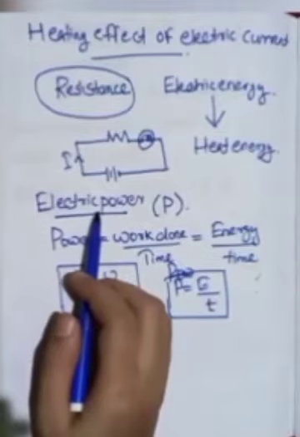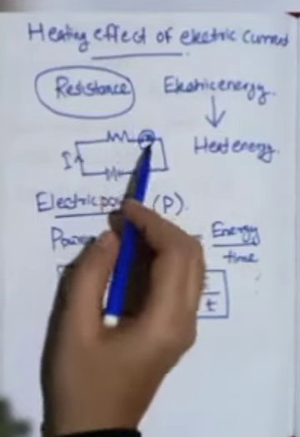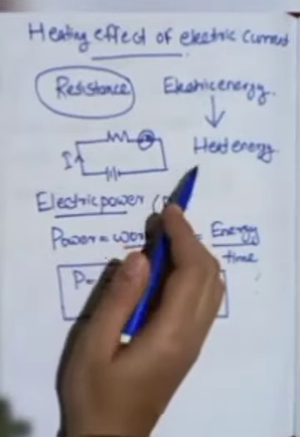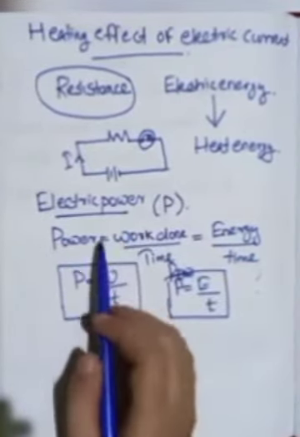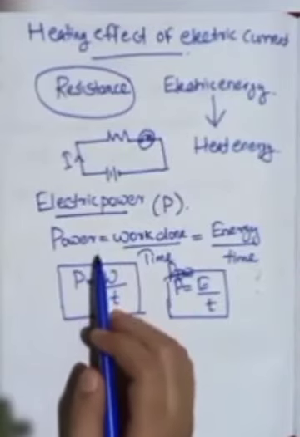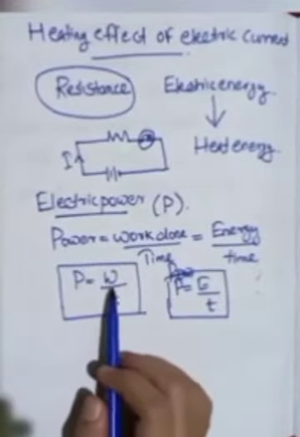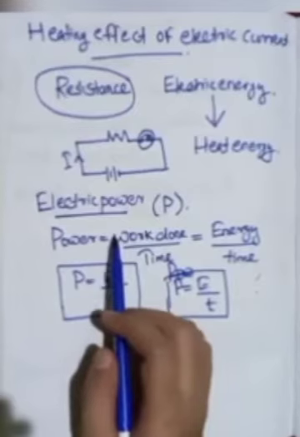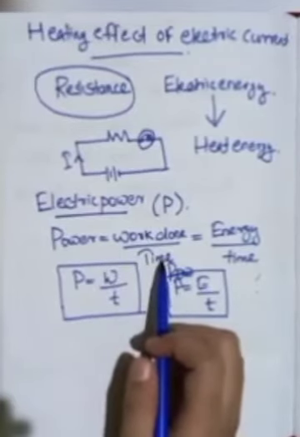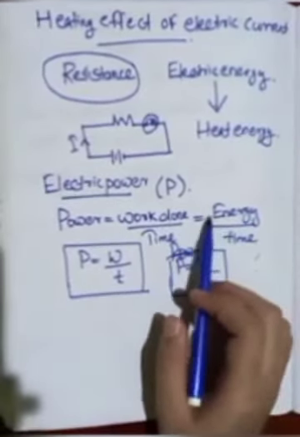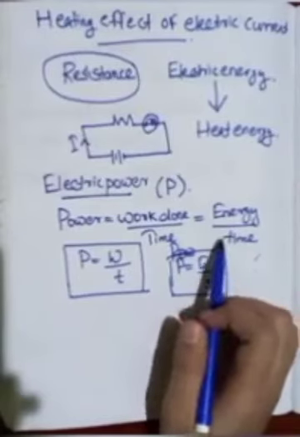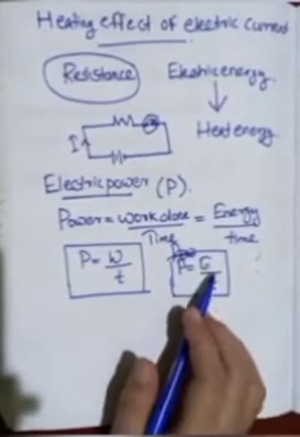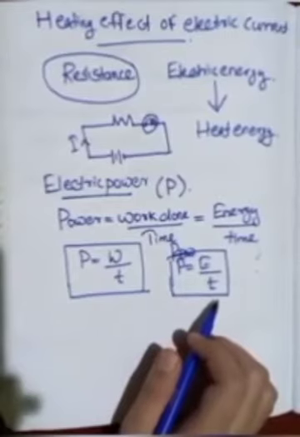Power is the rate at which electrical energy is consumed in an electric circuit. The equation for electric power can be written as P is equal to W by T, work done by time, and work done is the electrical energy, so P is equal to E by T.